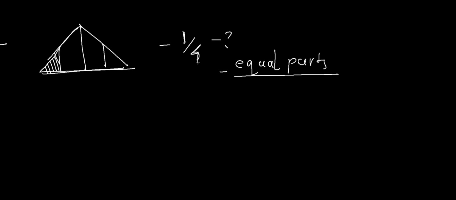Yes, is it a fraction? No. Why not? Because to represent 1 out of 4 we need equal parts. That's the most important thing, equal parts. If equal parts are there, we say that we have selected 1 out of 4 equal parts, and in this case the parts are not equal in shape.